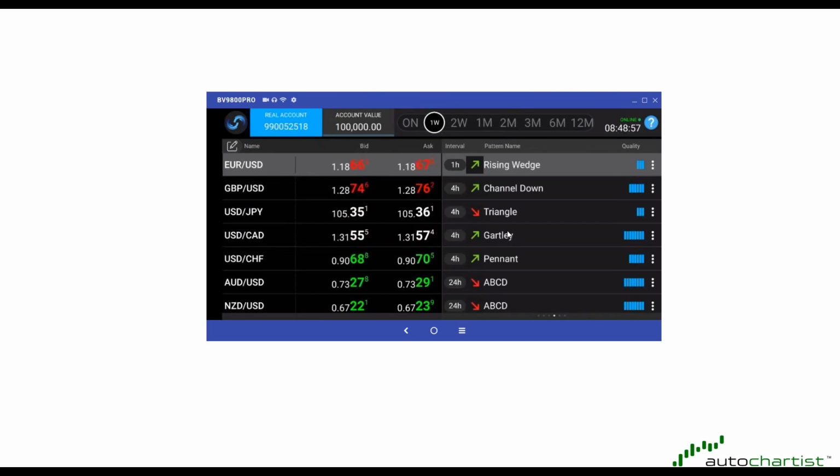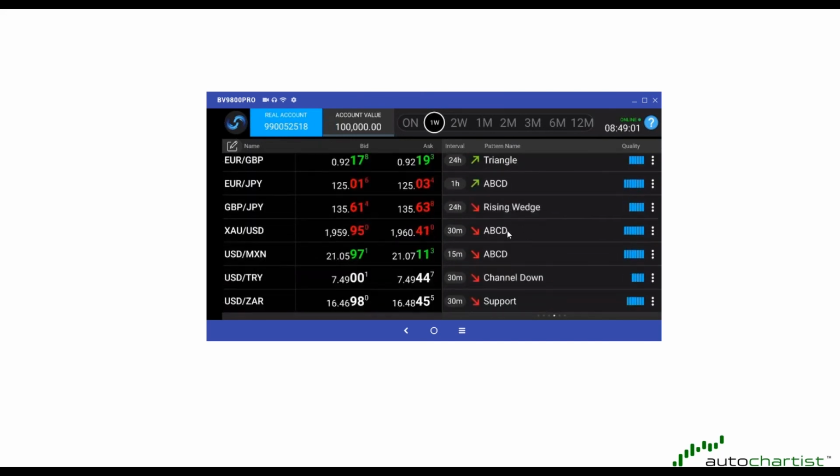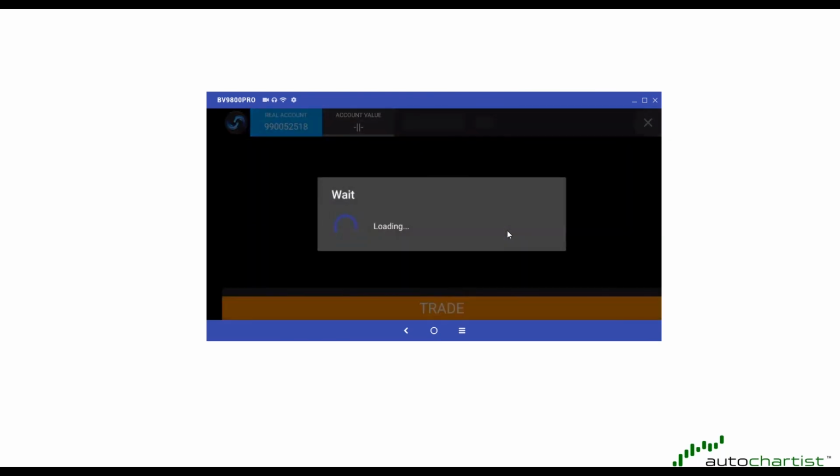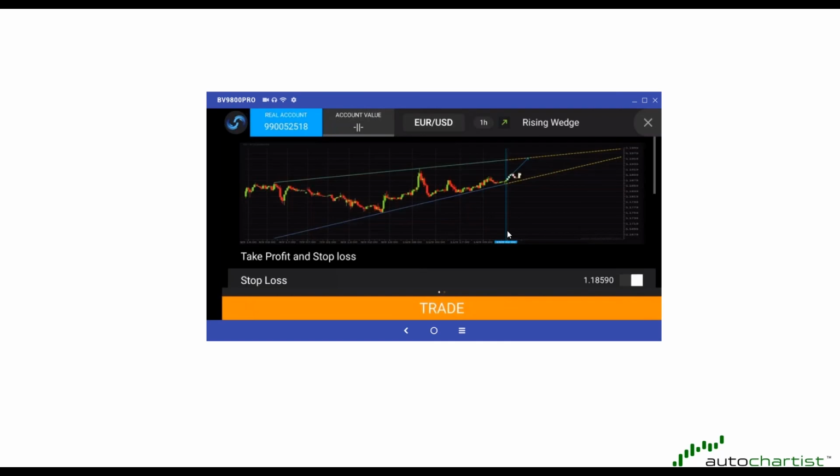You'll see a line of Autochartist for every instrument. For example, the latest pattern on Euro USD is a rising wedge. If we click on that rising wedge, you'll see there are 2 little dots above the trade button. It shows there are actually 2 trade setups right now on Euro USD.